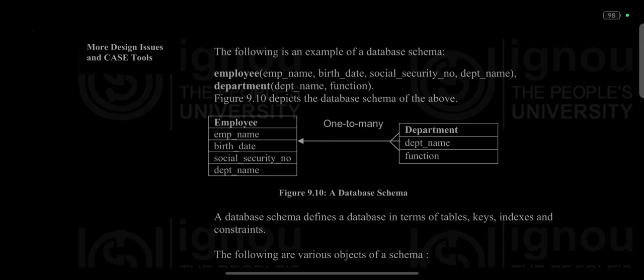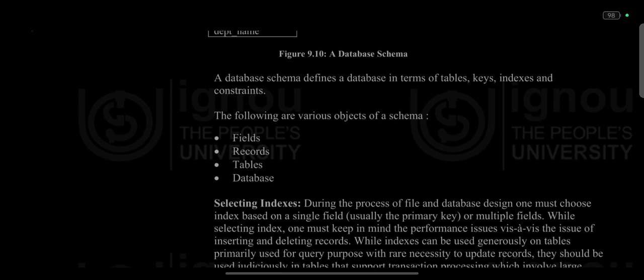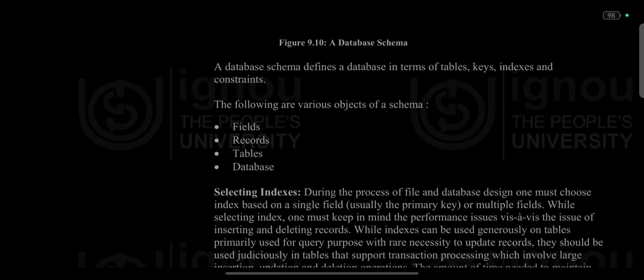Figure 9.10 depicts the database schema of the above. One to many, like here employee name, birth date, social security number, department name, and in department comes department name, function. So 9.10 is a database schema. A database schema defines a database in terms of tables, keys, indexes, and constraints. The following are various objects of a schema: fields, records, tables, database.